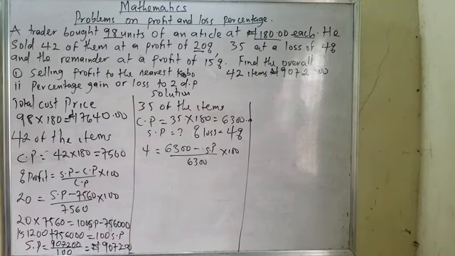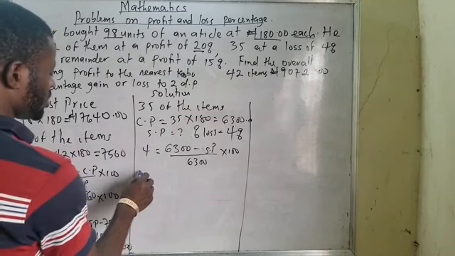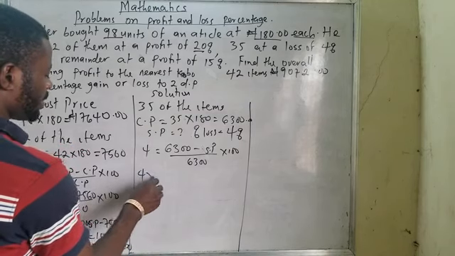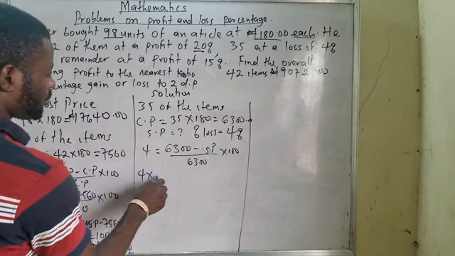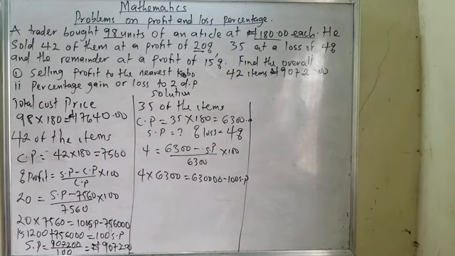That is what we are to do. It means 4 multiplied by 6,300 equals 6,300 minus 100 selling price. That is what I'm going to do there.